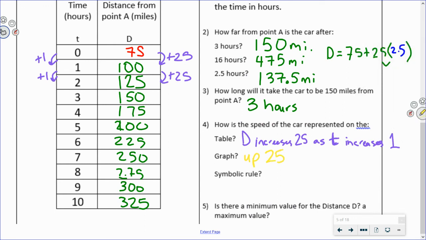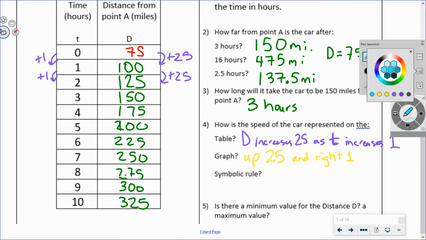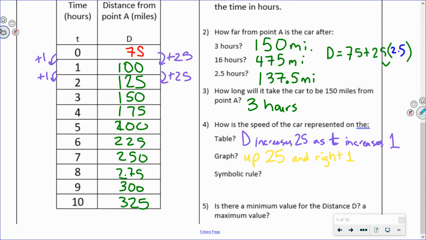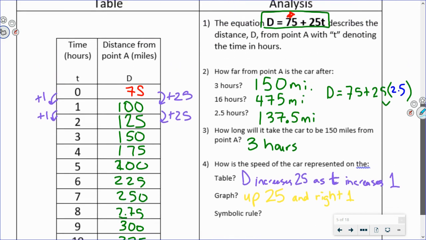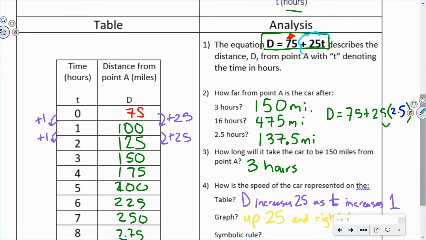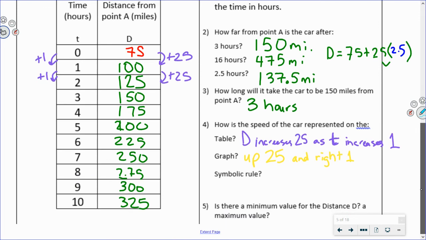Up 25, and right a positive 1. Last but not least, let's talk about how did we do it with symbolic rule? Well, in fact, we saw it right here in our equation, 25 miles for every t hour. Now you can write the dot if you wish. You could also write 25 to 1 as a ratio multiplied by t.